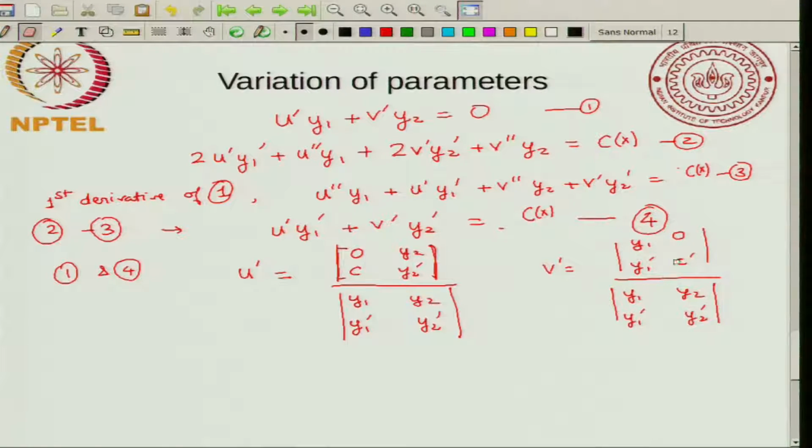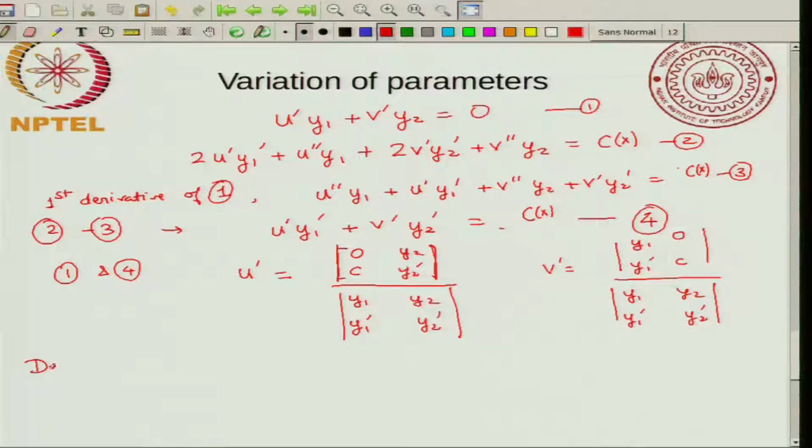Because we took a derivative of 1. So what I wanted to emphasize is that this should be c of x. And so I get my u prime and v prime in this form, and you can write u as the integral of this whole thing.